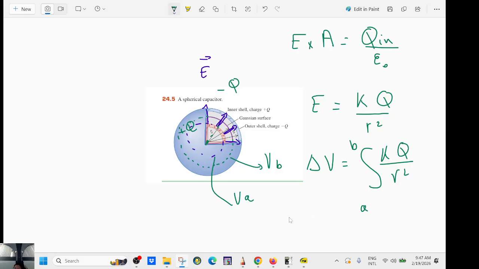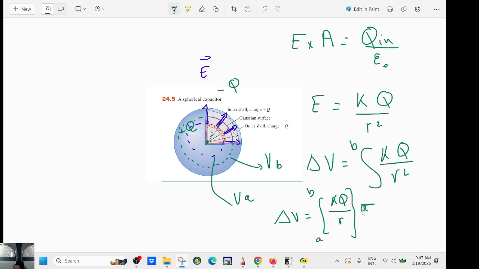Okay, so when you integrate, you're going to find 1 over r, and you already know that, right? The voltage of a point charge is going to be 1 over r.